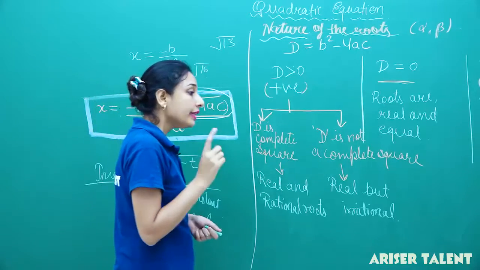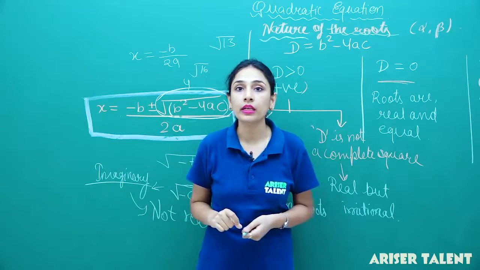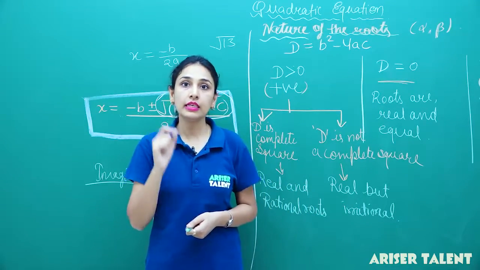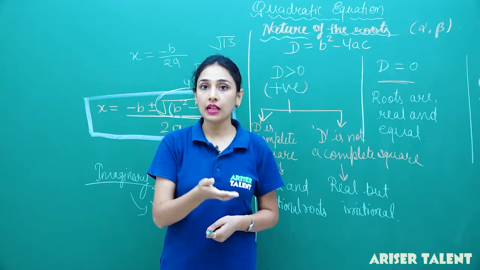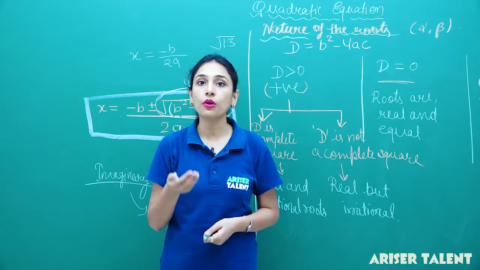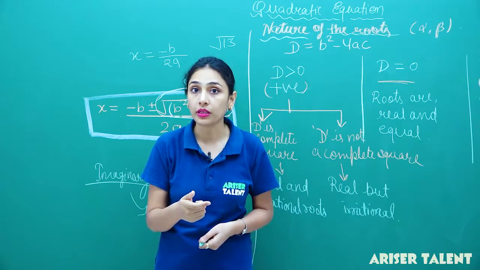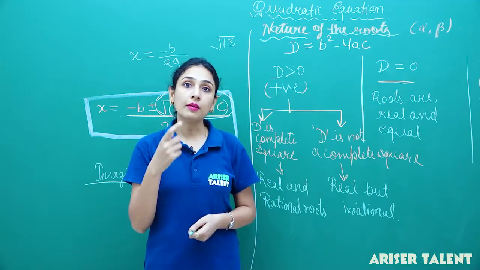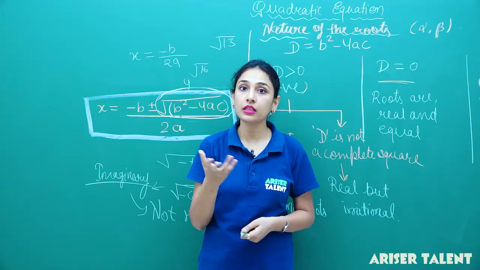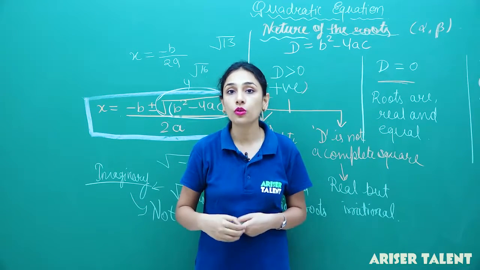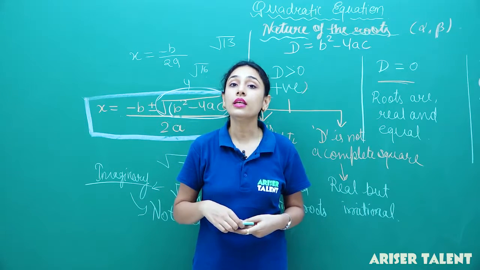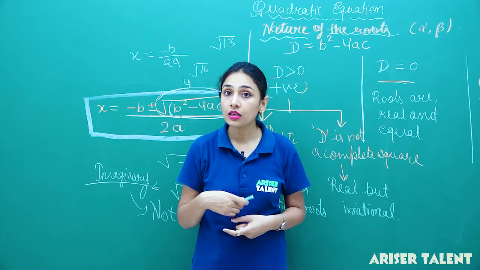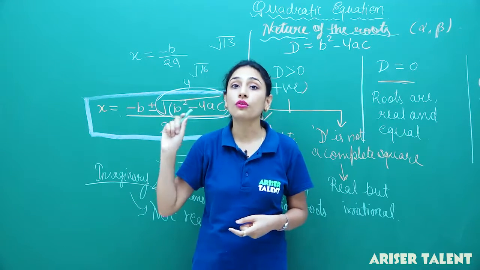Okay students, now if I talk about the polynomial, we have studied zeros of polynomial and then we assumed alpha and beta as the zeros of a quadratic polynomial. Now we somehow derived the relation between these zeros of the polynomial, right? Now here we will derive the relation between roots of a quadratic polynomial.